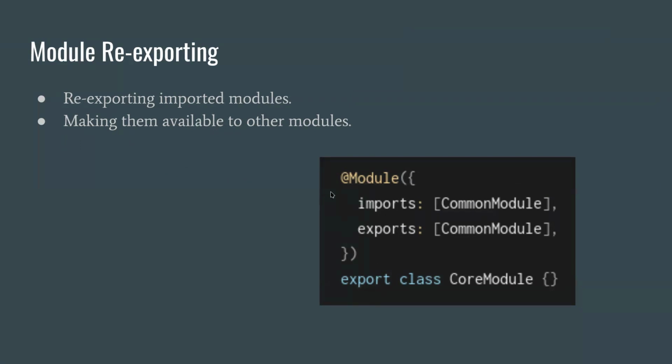For example, let's say you have a CoreModule, and in the CoreModule we are importing CommonModule and exporting CommonModule. So we're seeing that CommonModule is imported and then re-exported, allowing any module that imports CoreModule to access CommonModule as well.